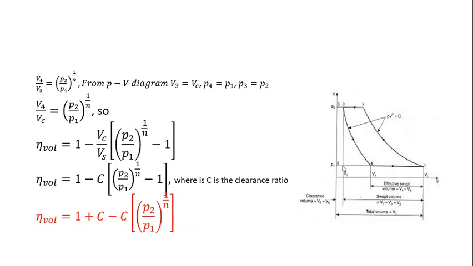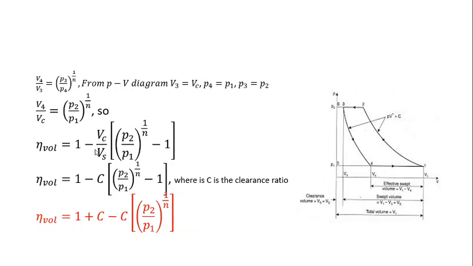And what is P4? P4 is same as P1 and P3 is same as P2. So we can rewrite V4 by Vc is equal to P2 by P1 raised to 1 by n. So substitute V4 by Vc in terms of pressures. So we will get this expression.